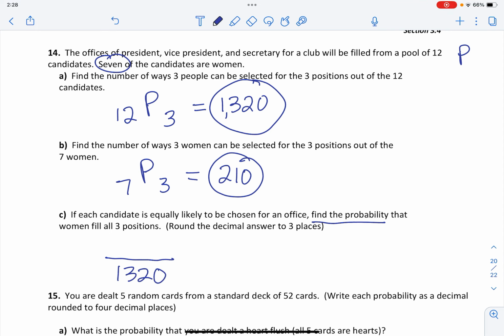The total number of ways that they're all women, 210. So I just do 210 divided by 1320, and it says decimal, so 0.159. That's not too bad. You just have to get used to this new notation.